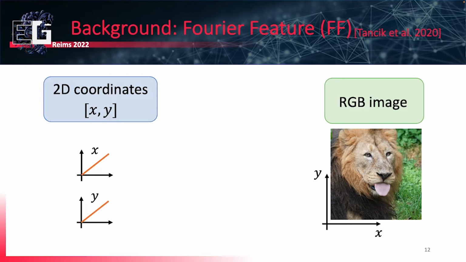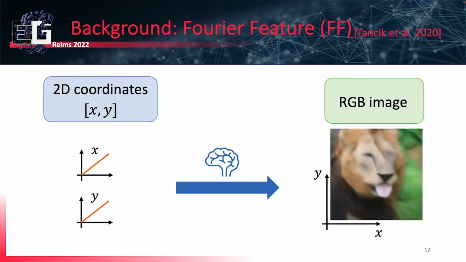In the case of the image, input 2D coordinates x and y are mapped to the RGB image that has rich, high-frequency details like this lion. And directly mapping the 2D coordinates to the RGB value using an MLP gives us a high reconstruction error.